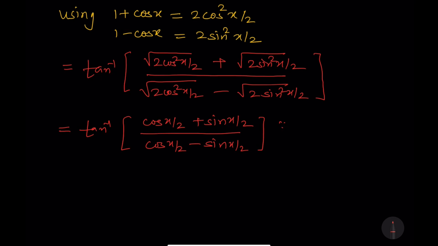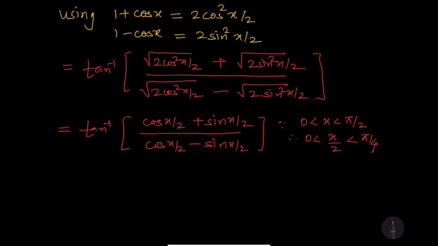Since we know what is given, it is given that 0 less than x less than pi by 2. Therefore, what can you say about angle x by 2? So 0 less than x by 2 is less than pi by 4.